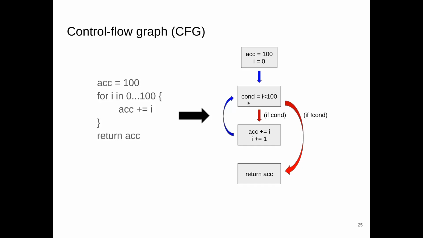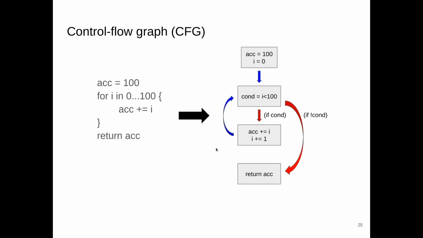If the condition is true, that means I is less than 100, and it goes to the next block, where it accumulates I and increments I for the next iteration and goes back to the condition. On the other hand, if the condition is not met, that means the for loop is over, so you jump to the last block that returns ACC to the caller of this function.